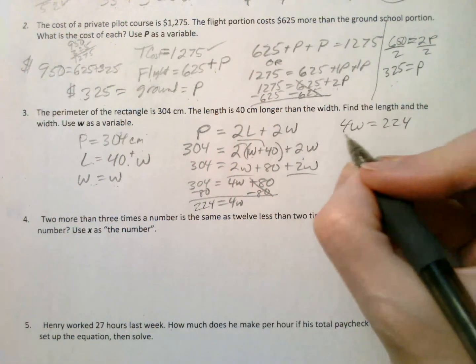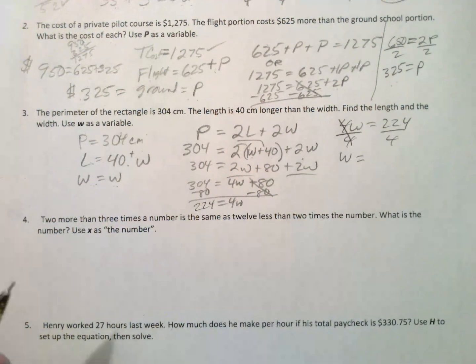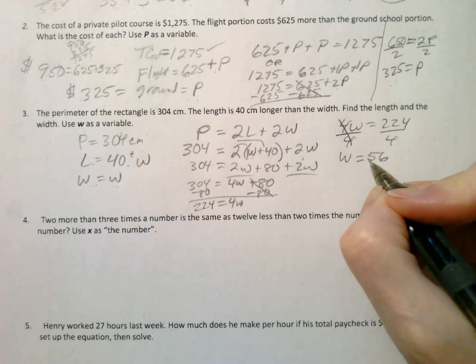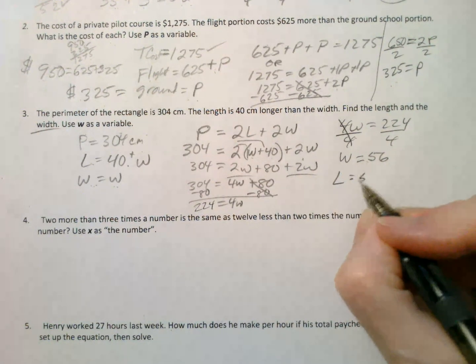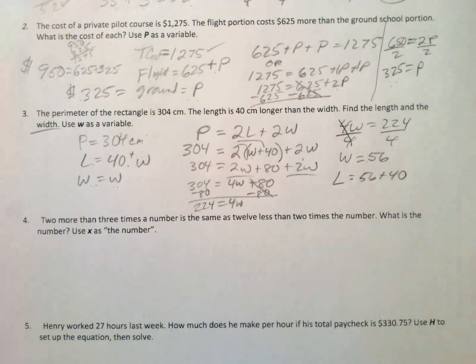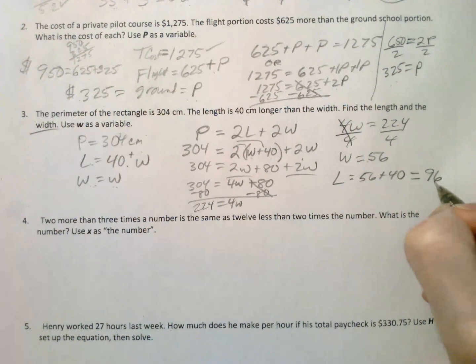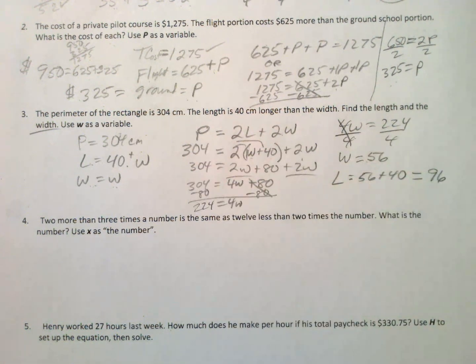I just, for convenience sake, put it that way. Isolate. Divided by 4 is 56. So our width is 56. So that's one part of the answer. And the length is 56 plus 40, which is 96. And we could put these numbers back in here, and they better equal 304.